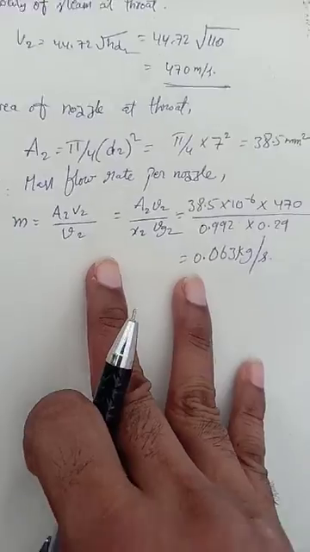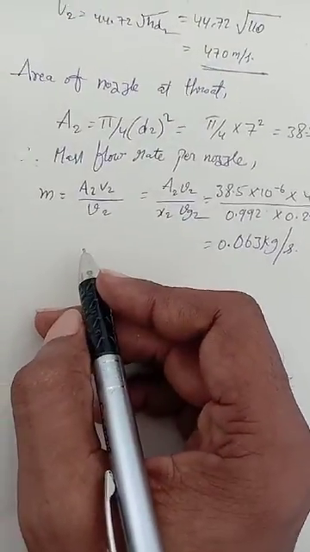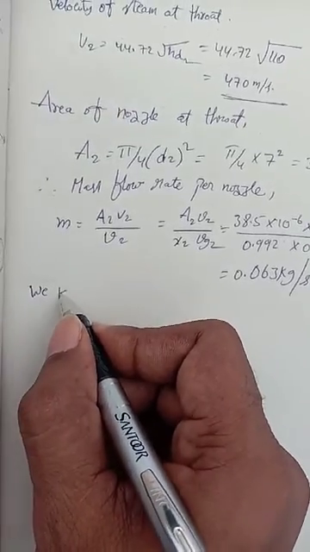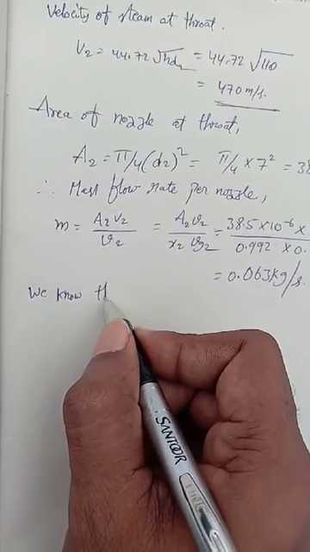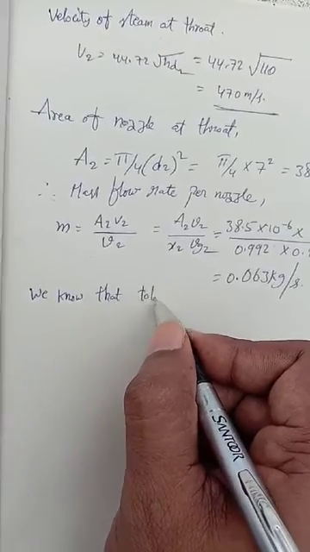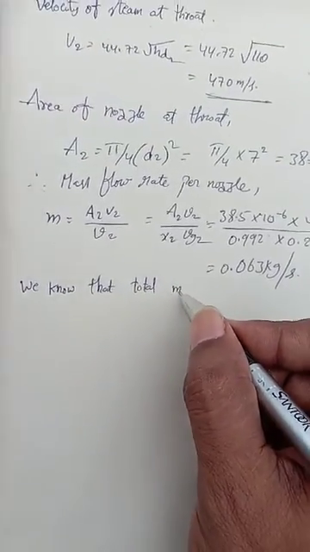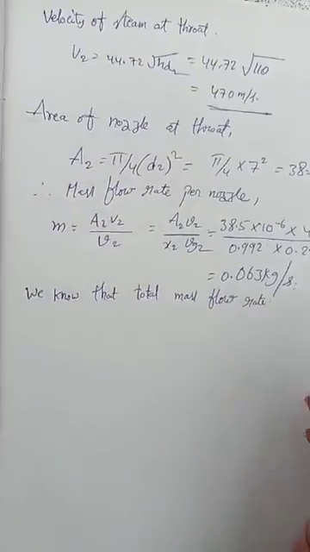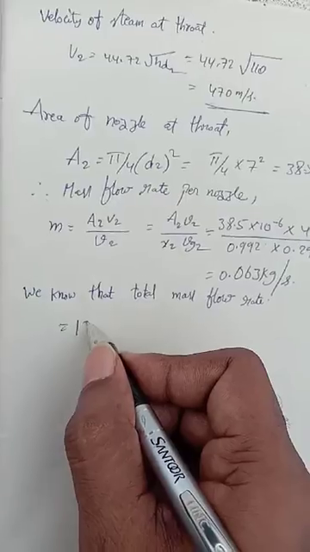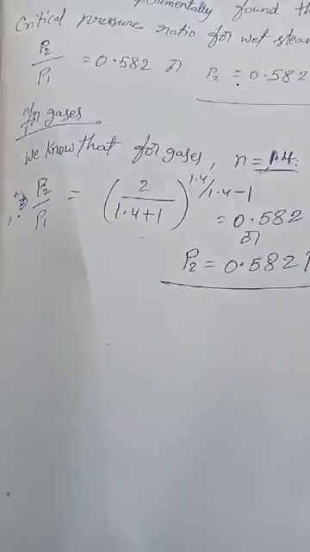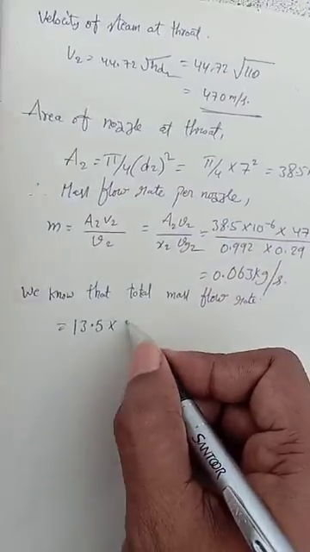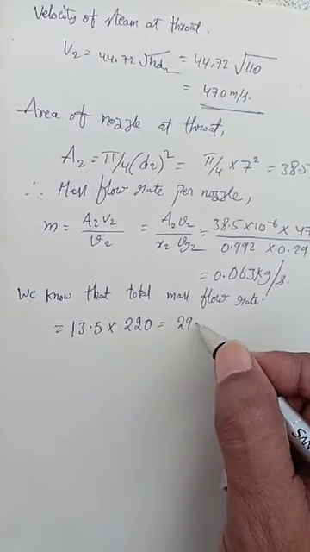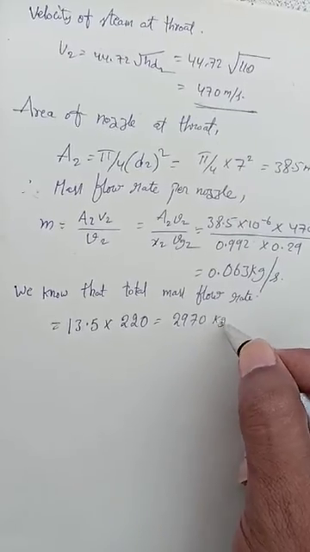But here we need to find the total number of nozzles. We know that the total mass flow rate is equal to 13.5 into 220, which is equal to 2970 kg per hour.